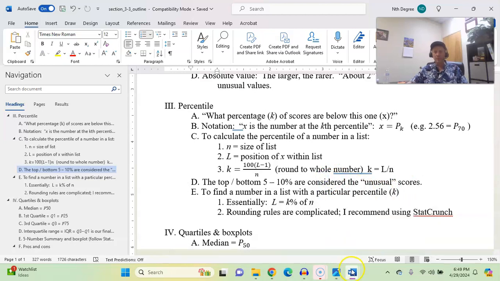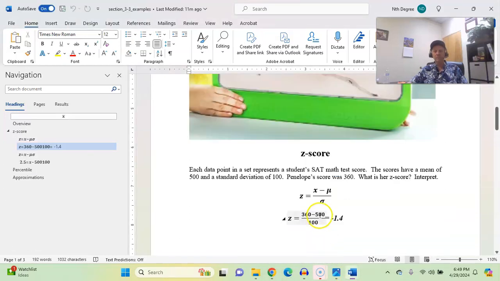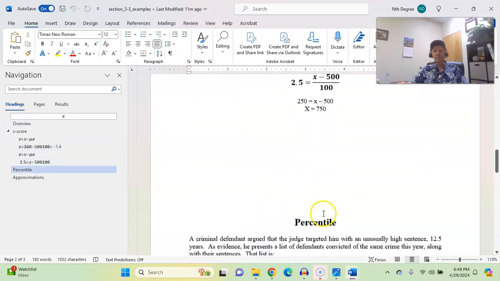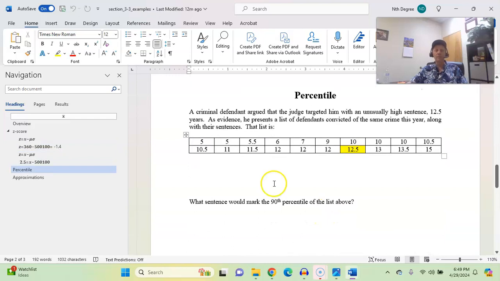All right, let's put the pieces of this puzzle together so far to work out an example. A criminal defendant argued that the judge targeted him with an unusually high sentence, 12.5 years. As evidence, he presents a list of defendants convicted of the same crime this year, along with their sentences.